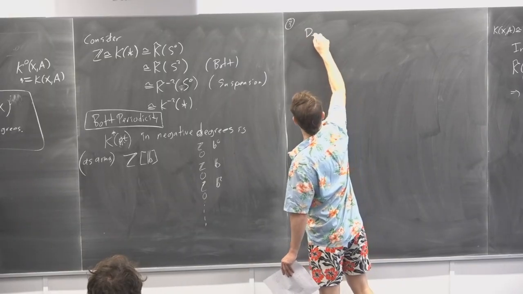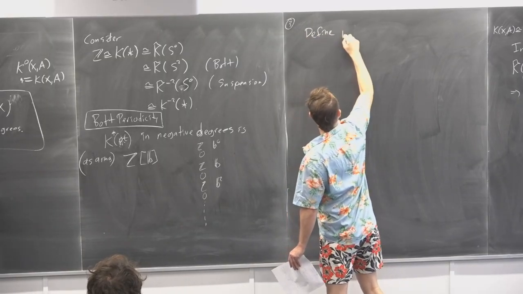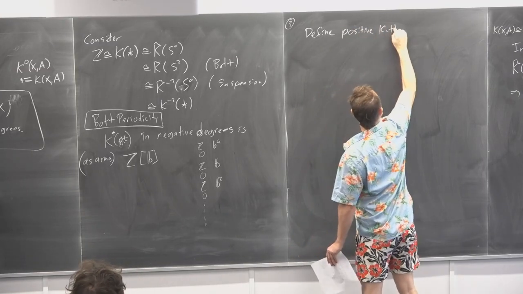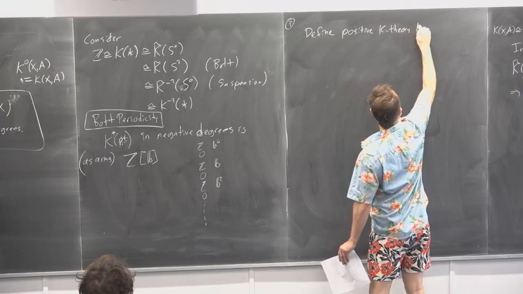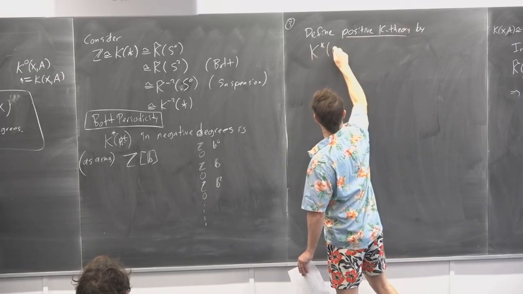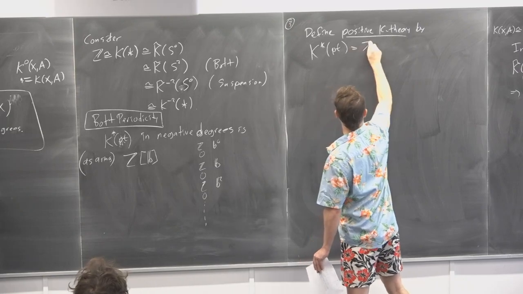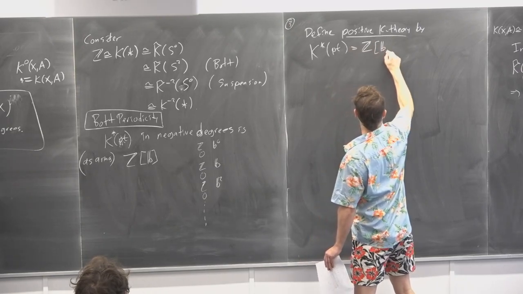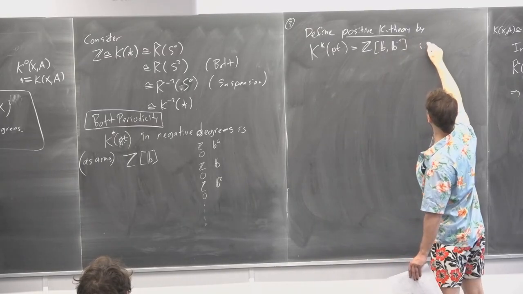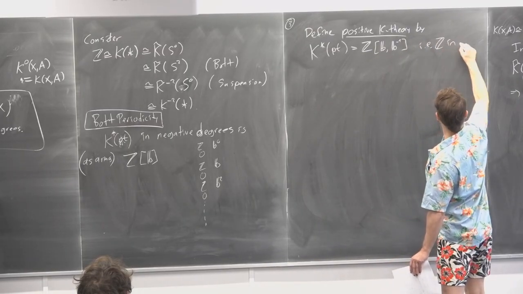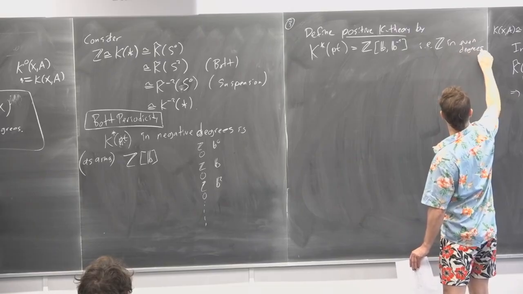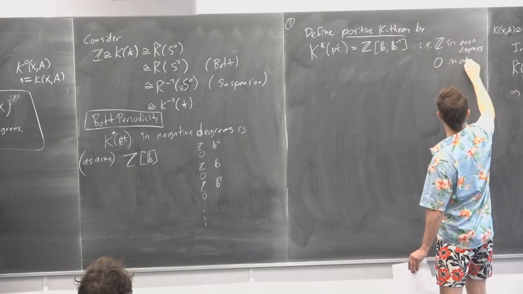So it's Z in even degrees, 0 in odd degrees.